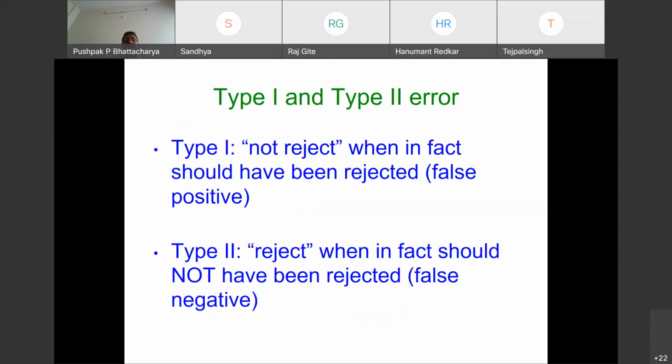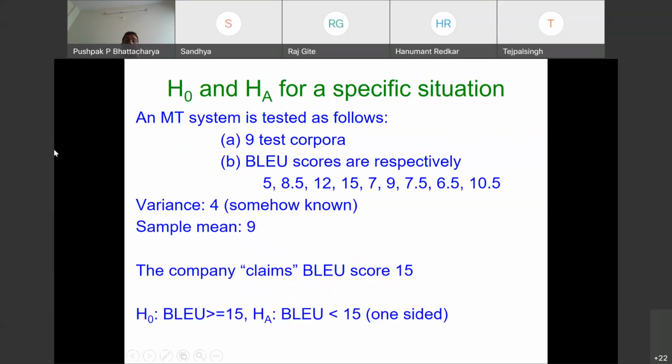In other words, for this particular problem, if the null hypothesis cannot be rejected, that the blue score is greater than or equal to 15, if the blue score is indeed greater than or equal to 15, then it is impossible that these numbers will come in front of me.